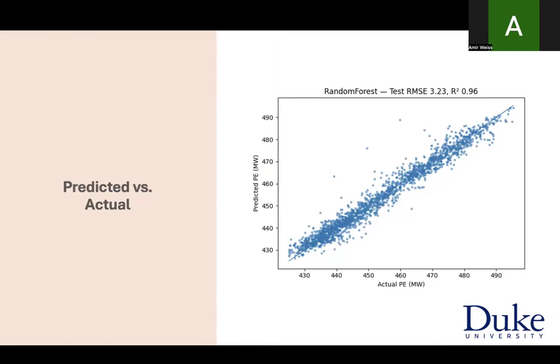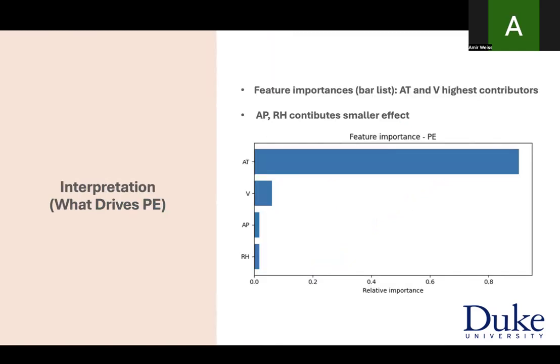Okay, the scatter graph here compares predicted versus actual test values. The tight clustering that we can see here around the diagonal shows a good calibration and small residuals across the range. So it means that we did quite good with choosing our ideal model here.